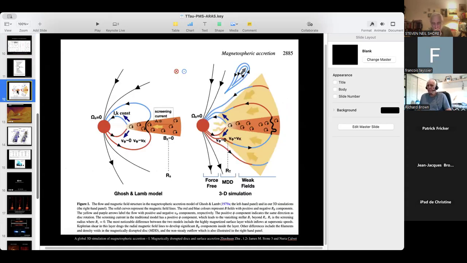So the picture that has come out of all of this is so-called magnetospheric accretion. And leaving aside all of the details, the basic picture is that you've got the accretion disk, material turbulent and flowing in, tied to the magnetic field, except it can't penetrate into what would be the stellar Van Allen belts.